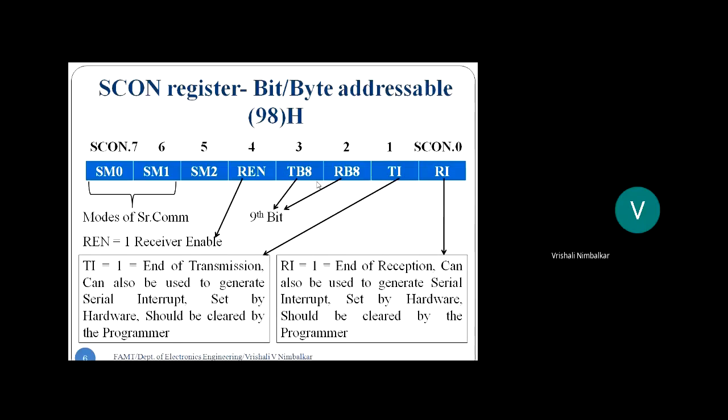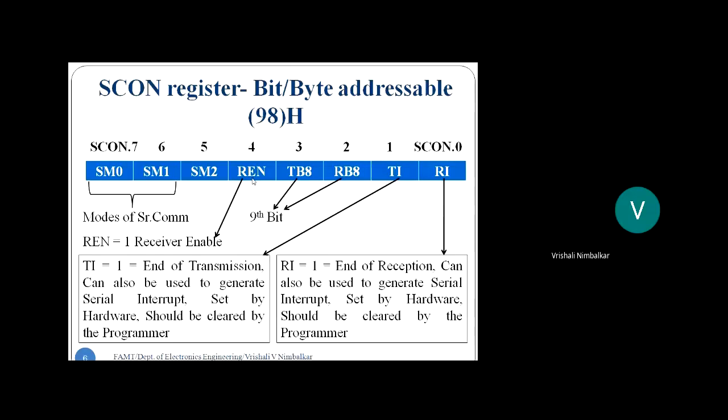If we are going to perform 9-bit communication, then the 9th bit is stored in the SCON register. RB8 receives the 9th bit, and TB8 stores the 9th bit which is to be transmitted, whereas the 8 data bits are stored in SBUF. The next is REN, receiver enable.